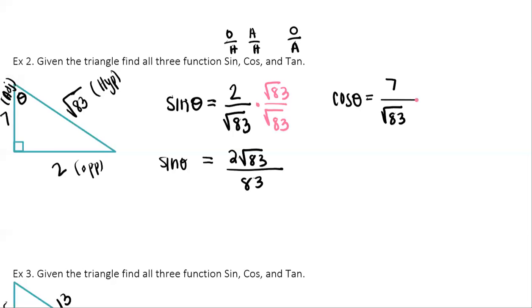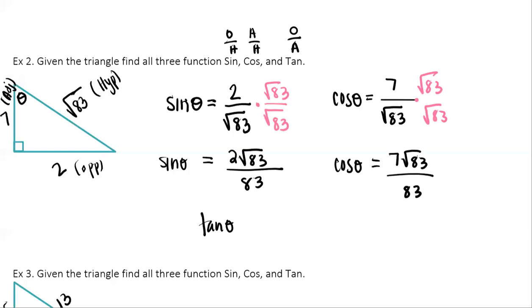Again, we're going to rationalize the denominator, and that answer is cosine of theta equals 7 square root of 83 over 83. And then lastly is tangent. Tangent is opposite over adjacent, so in this case, that's going to be 2 over 7. And these would be my answers.